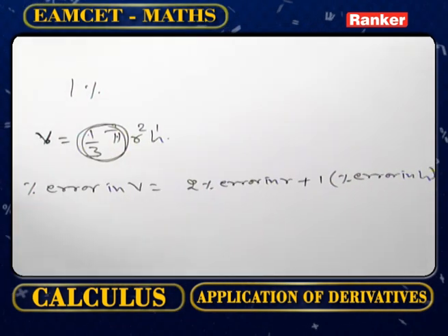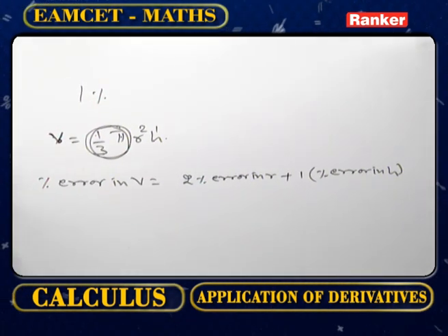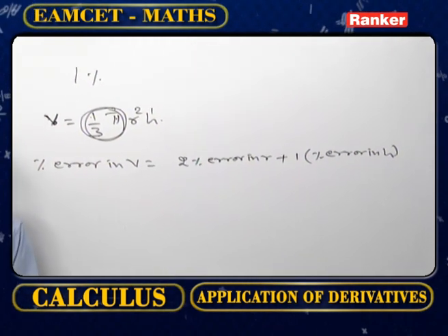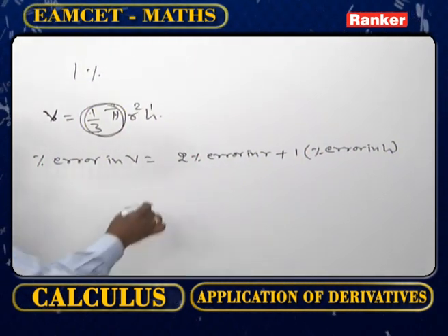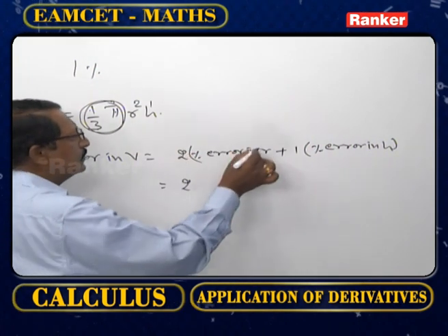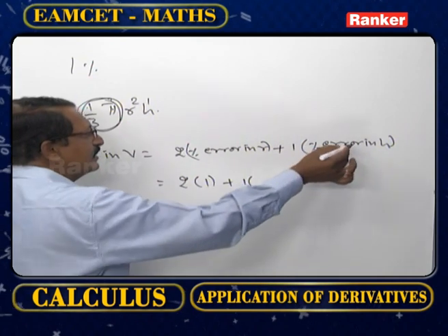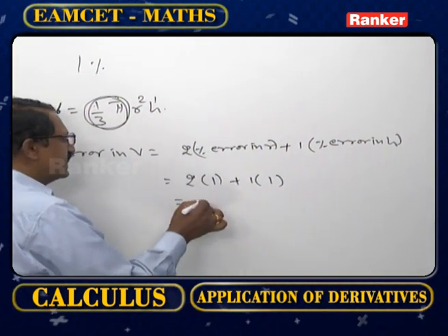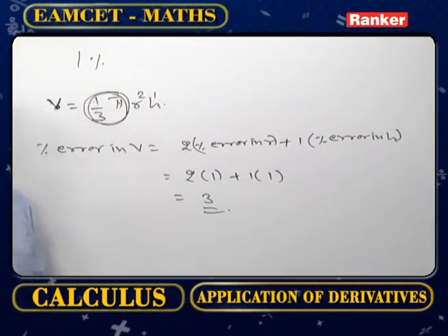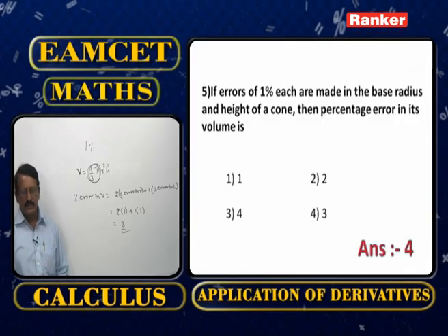Given in the problem, the percentage errors in base radius and height of the cone are both 1. That equals 2 into 1 plus 1 into 1. Now 2 plus 1, that is 3%. Now the fourth option is correct.